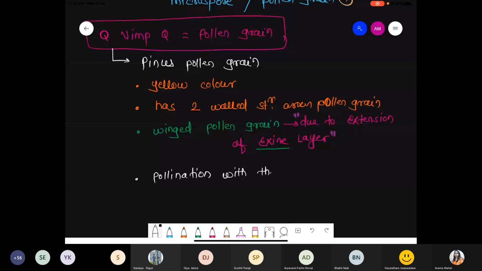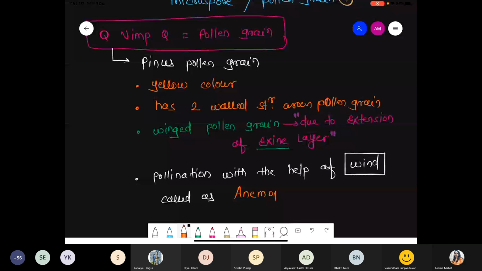Such type of pollination is called anemophily. And anemophily is a very common process which occurs in the gymnospermic category. The pollen grains simply disperse with the help of the wind, with the help of the air. So please write down these 4 important points.